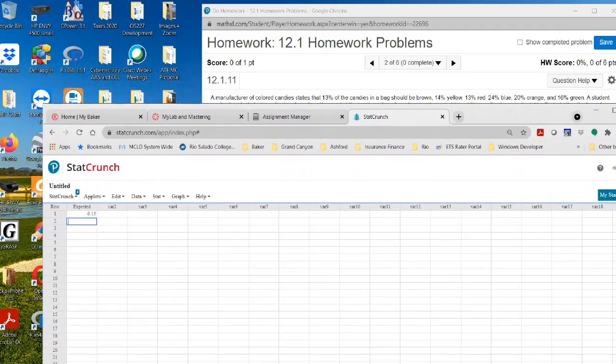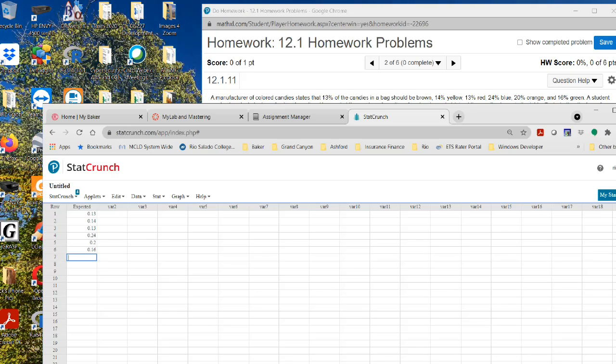That's 0.14. 3 is going to be red, 0.13. 4 is going to be blue, 0.24. And orange is next, 0.20. And the last one is going to be green, 0.16. All right, so those are the expected.